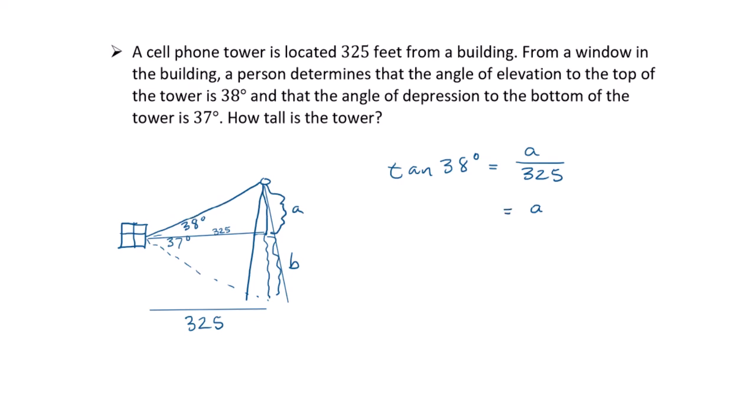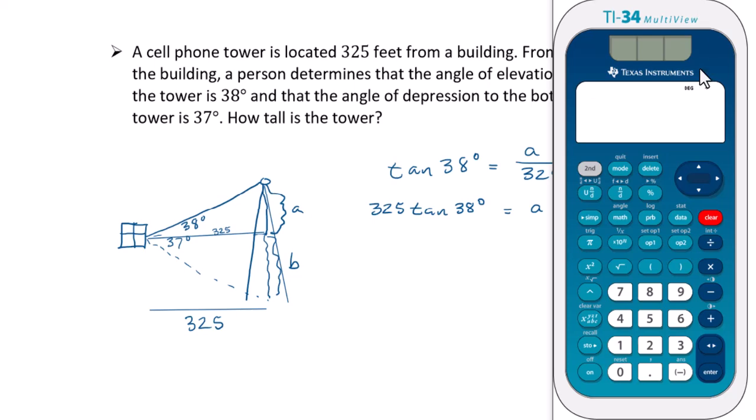And I multiply both sides by 325. I get 325 tangent of 38 degrees. And that's not one of our special angles, so we'll go ahead and use our calculator. Double check we're in degree mode.